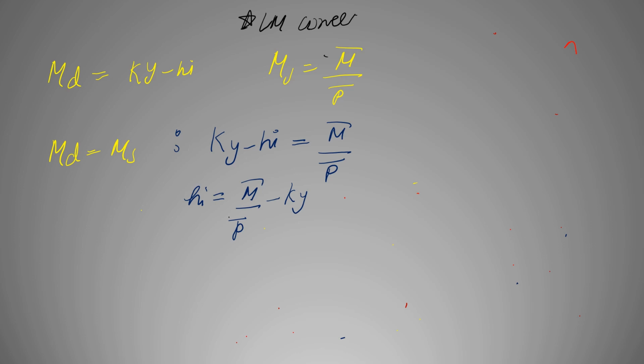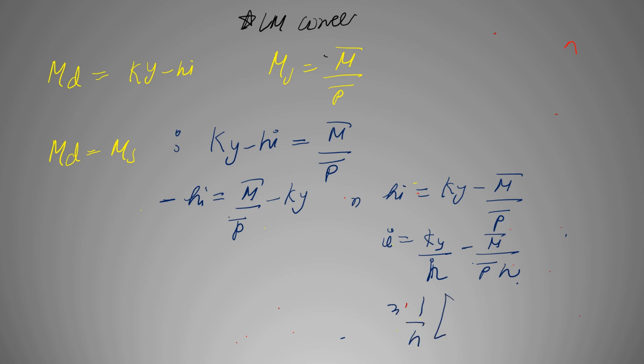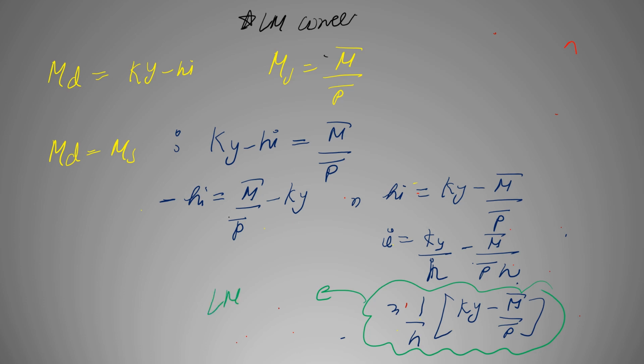Now we need to remove this negative sign, so we'll multiply both sides by minus one. So we get KY minus M by P. Now dividing each side by H, we get KY by H minus M by PH. Now we can take H common, so we get I equals (KY minus M by P) divided by H. And this equation is our LM equation, or equation for the LM curve.